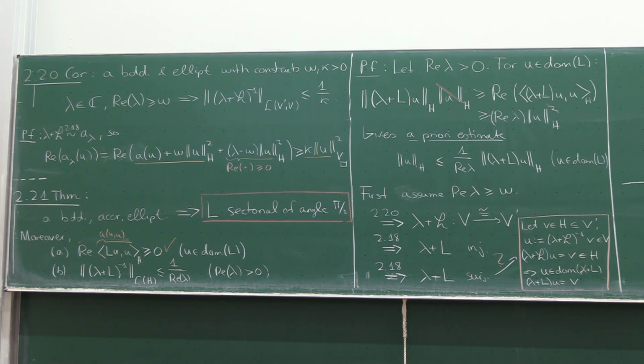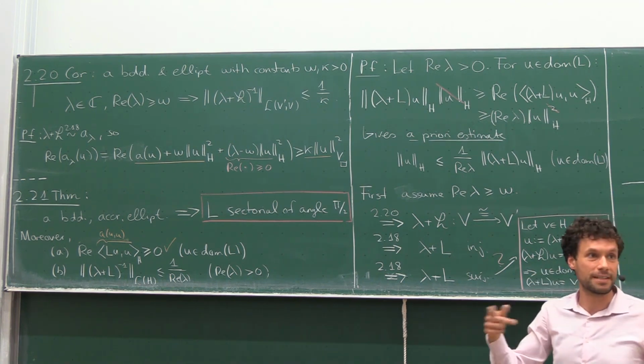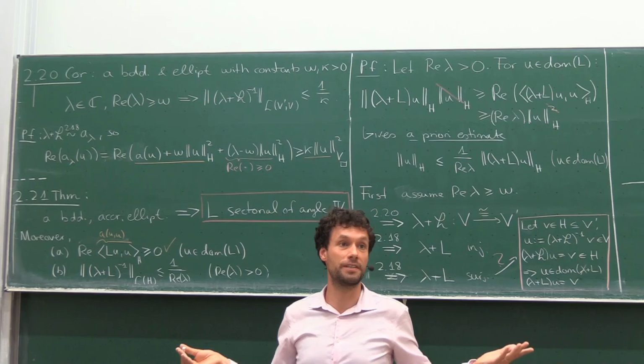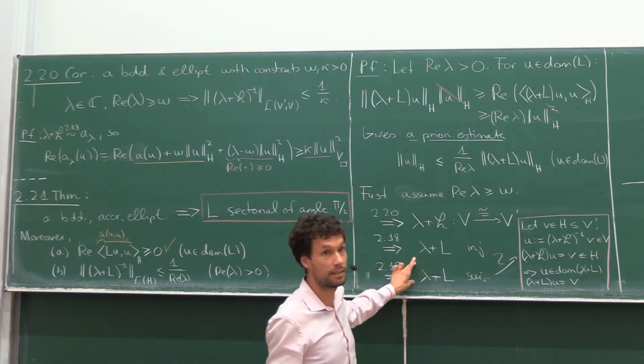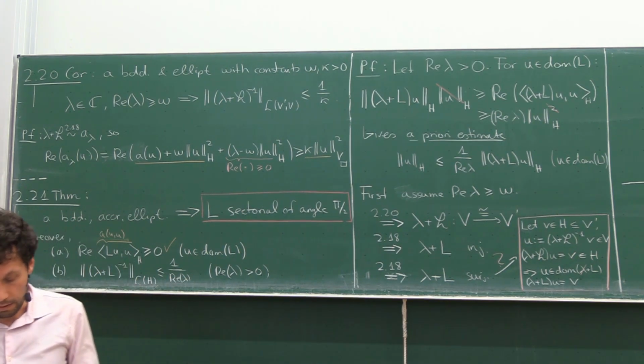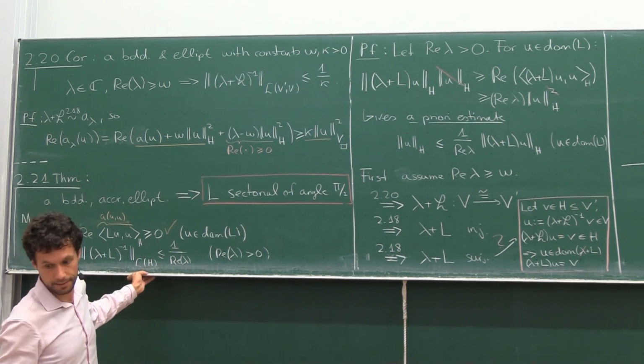Well, more or less we know it, except that if we want to prove that this guy is surjective, we have to make sure that the image of the inverse that I defined here gets back into the domain of L and not in the domain of script L. By construction, you just get into the domain of script L, which is V. But by the definition as the maximal restriction, the potential problem just solved itself. So you're right, it implies both at the same time. Okay, so that's nice.